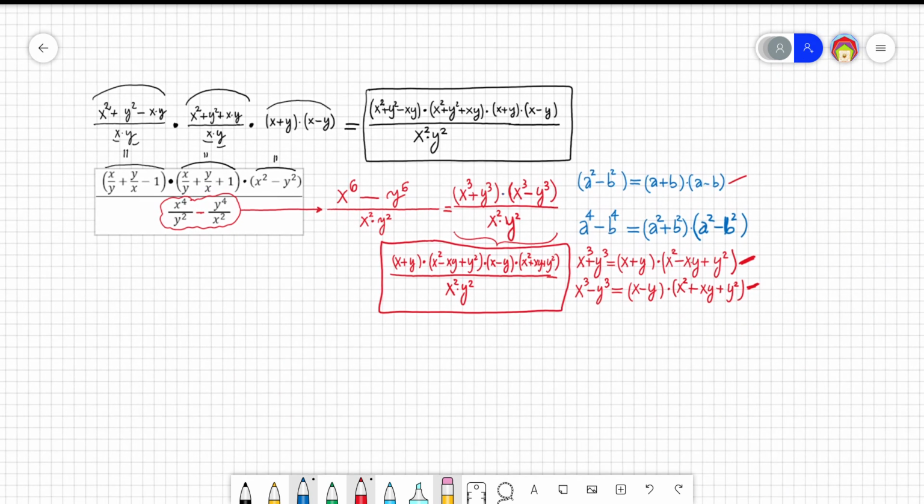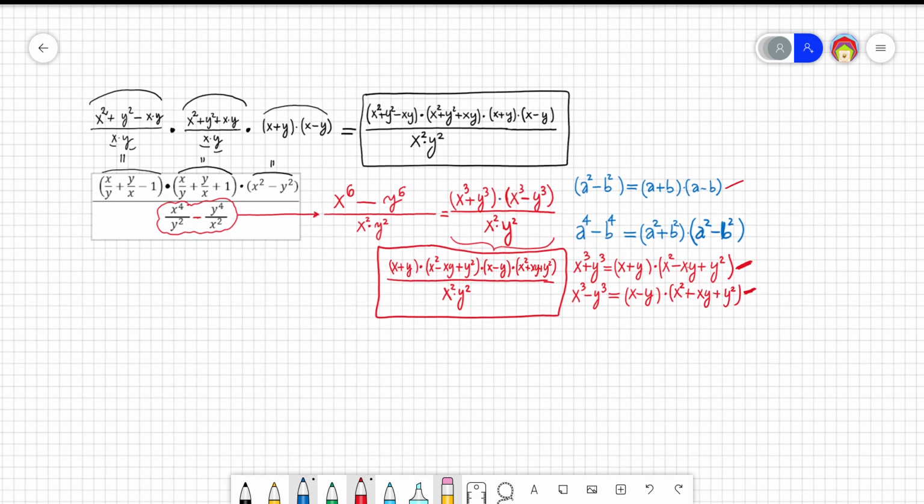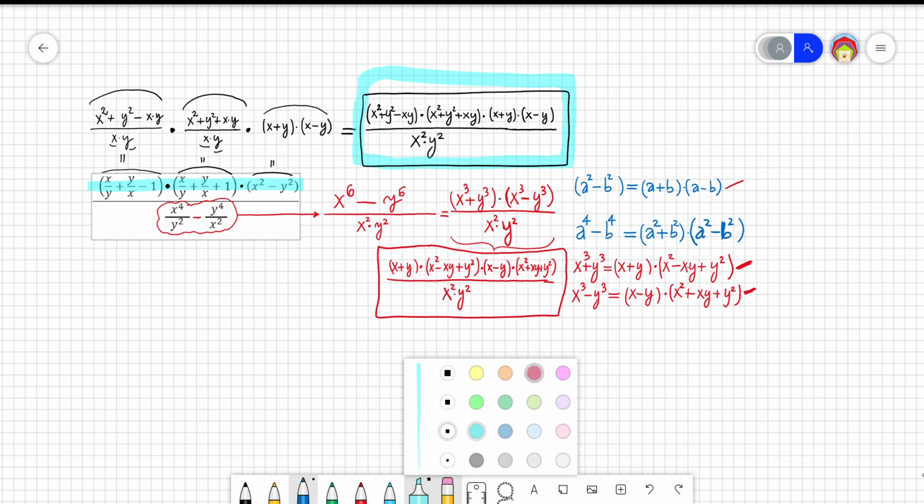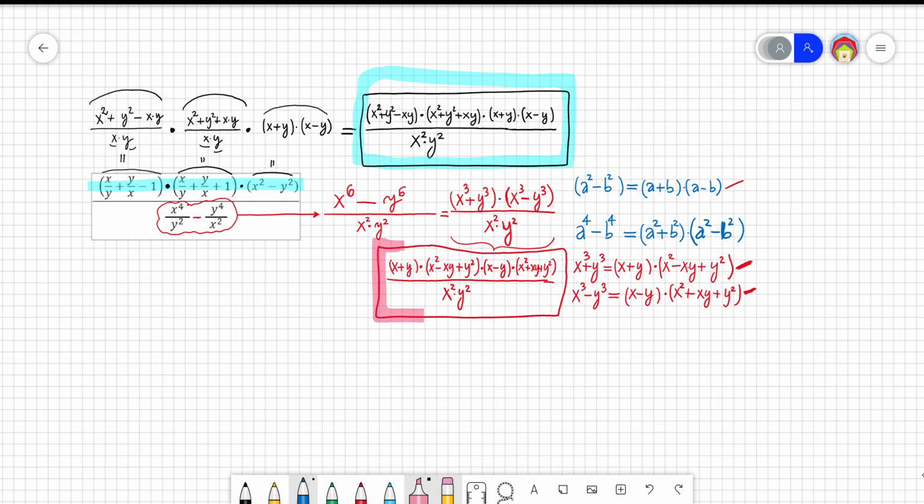Now, look at this carefully, because we want to divide that, which is equivalent to all this, by this one, which is equivalent to all that thing.